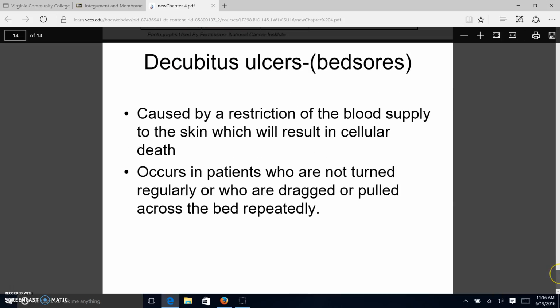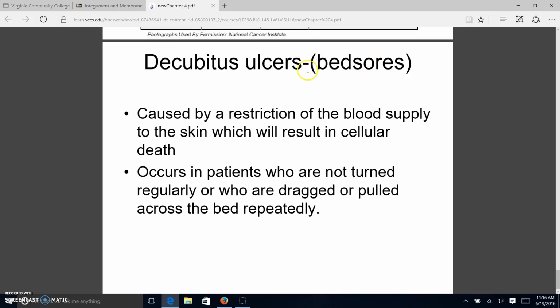Another thing I also like to bring up, especially for those of you who are taking care of patients, especially older patients, is something called a decubitus ulcer, commonly known as a bed sore. This is caused when cells aren't getting the blood supply, because the blood supply is restricted, usually because they're laying in one place, or because they are dragged or pulled over certain areas repeatedly.